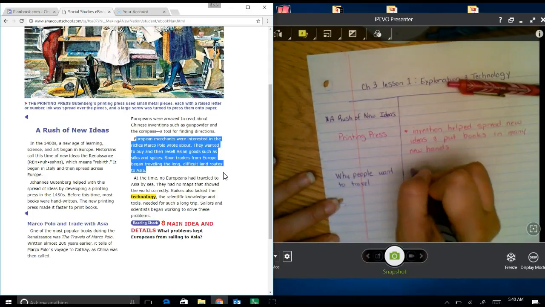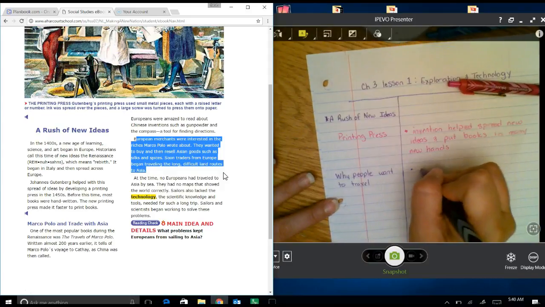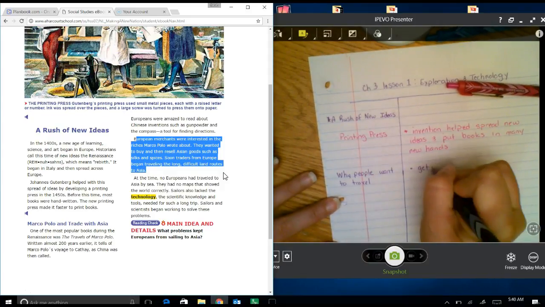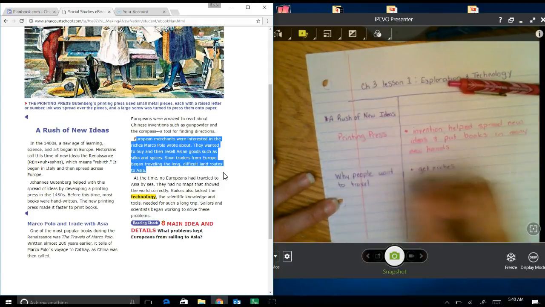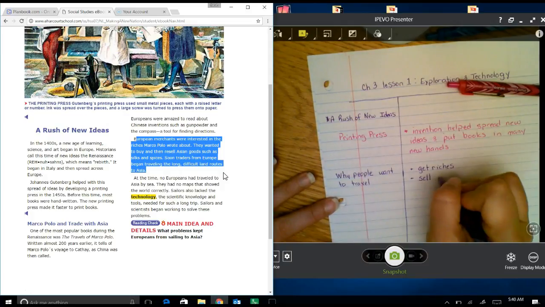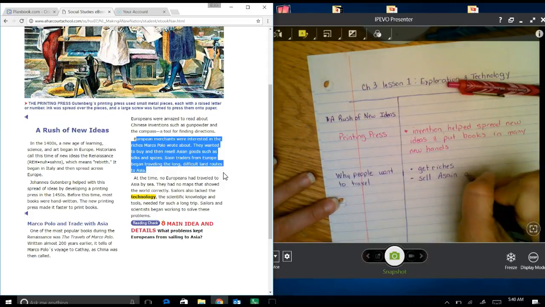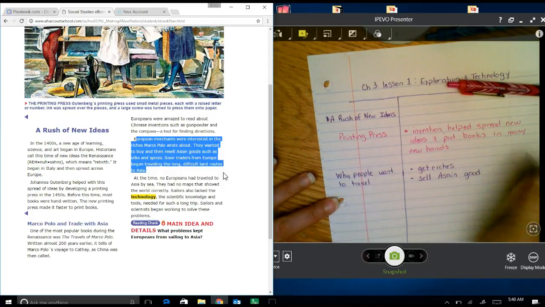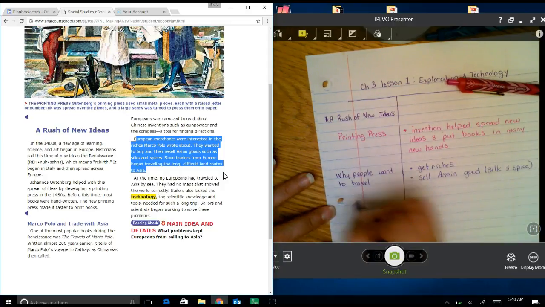Okay, they wanted to travel to get riches. They wanted to be able to sell Asian goods. For example, silk and spices. Okay, why didn't they?